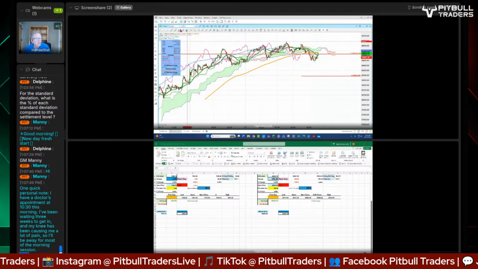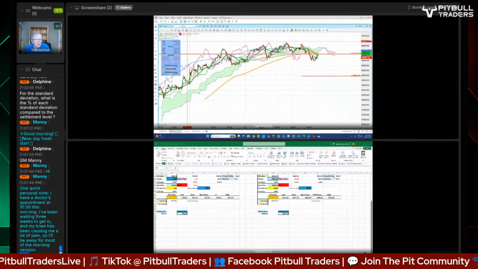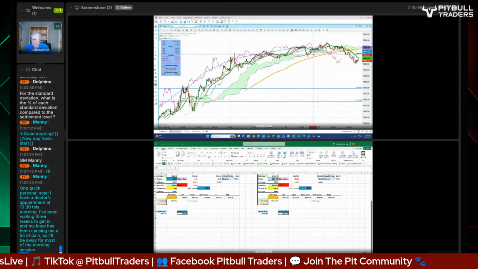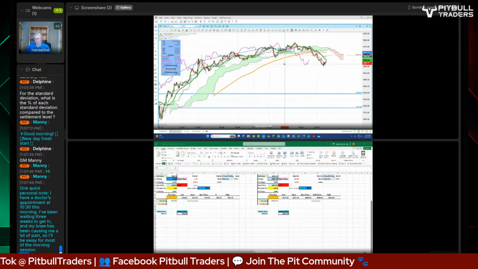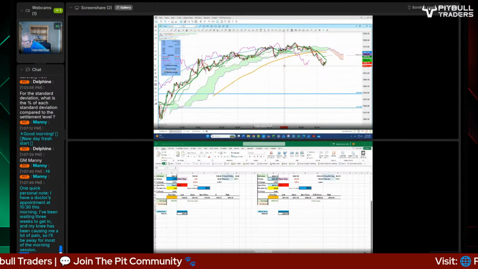See the ES. Let's see what that's doing. ES. It's kind of a similar setup. Well, it's not so similar. Let me get something here real quick. I'm going to do this.